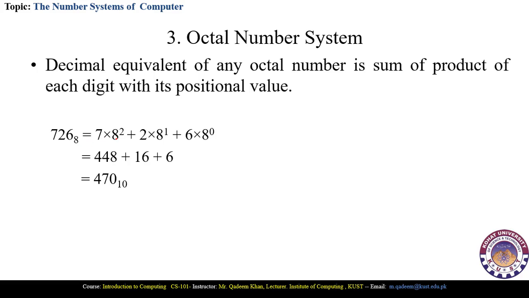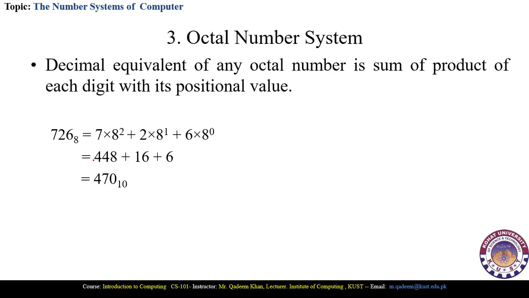Now 7 is multiplied by 8 power 2, because it is the third digit, but its power should be 1 less. So 7 times 8 power 2, plus 2 multiplied by 8 power 1, and similarly 6 multiplied by 8 power 0. Now I will calculate these values.